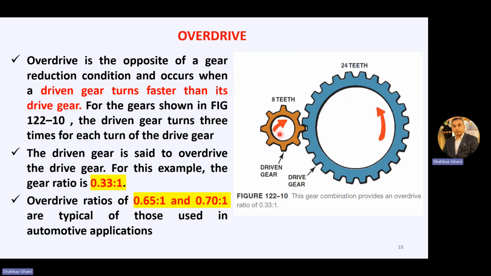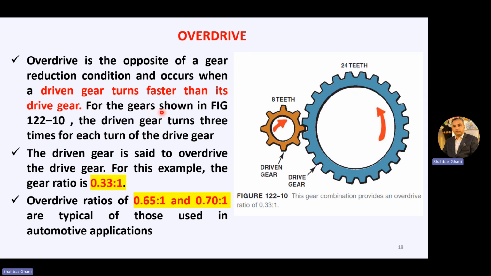Now, the third case, in which we have overdrive. Now we have a drive gear with 24 teeth and the driven gear has 8 teeth. Overdrive is the opposite of a gear reduction condition and occurs when a driven gear turns faster than its drive gear.